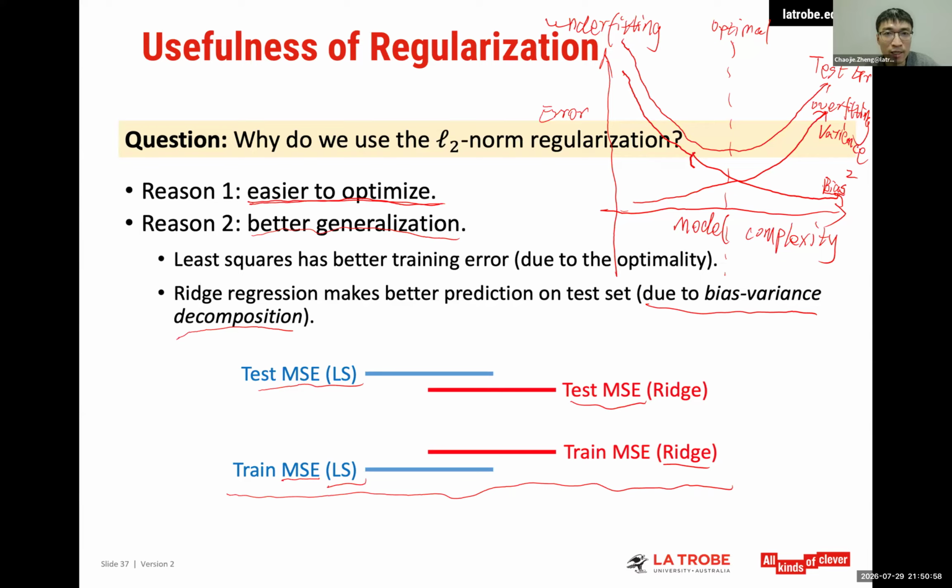We can see that on the left-hand side of this optimal vertical line, the bias errors are very high, right? That would suggest a systematic error. That means the model is not complex enough to capture the pattern of the underlying data, and it will fall into the underfitting problem.